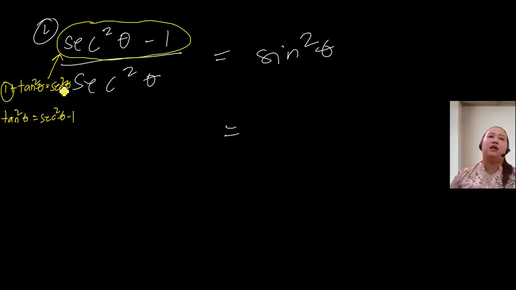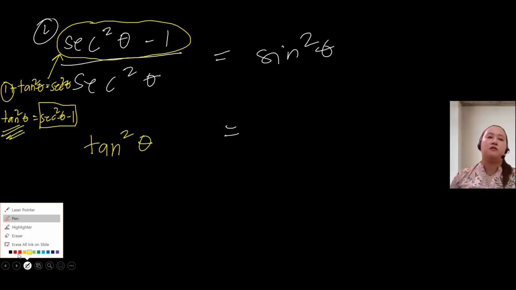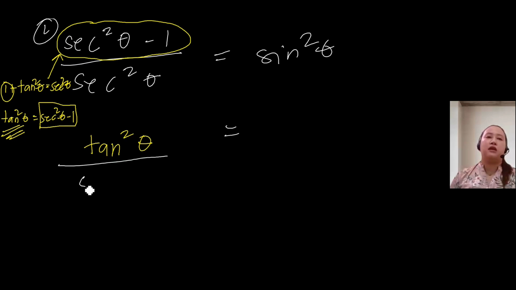So it means that the secant squared theta minus 1 can be written as tangent squared theta. So it can be written as tangent squared theta over secant squared theta. So right side is sine squared theta.